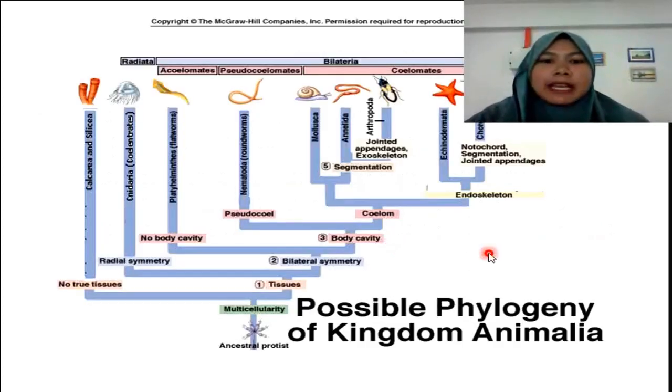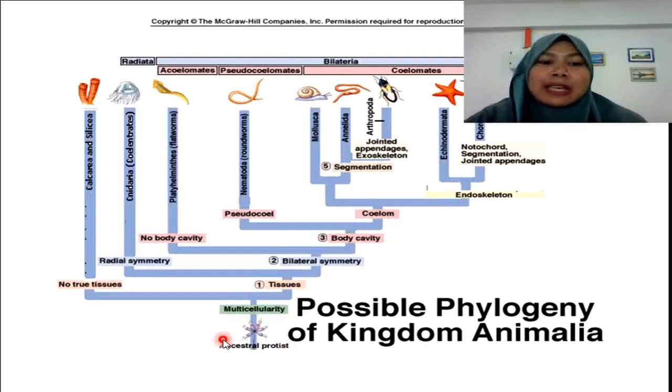Basically what you can see here, you may find in the textbook. It shows the possible phylogeny of Kingdom Animalia, whereby phylogeny shows evolutionary history by showing the relationships found by comparing the DNA, RNA, and proteins of various organisms. So it shows the animal lineage that evolved, which is believed to have evolved from ancestral protists.